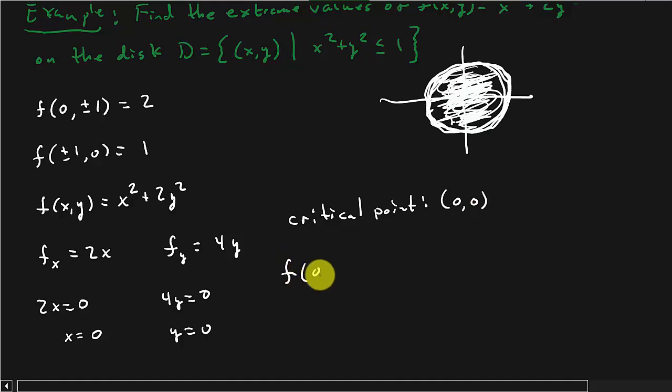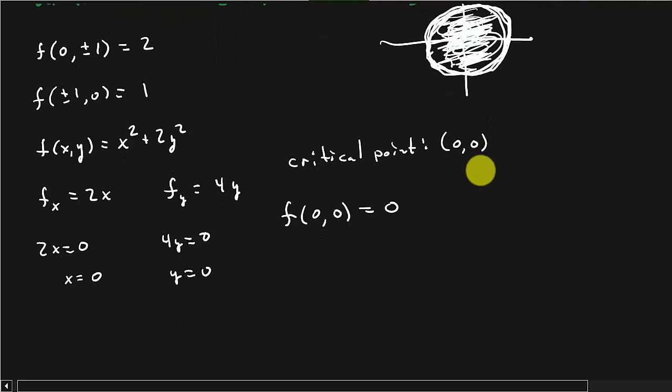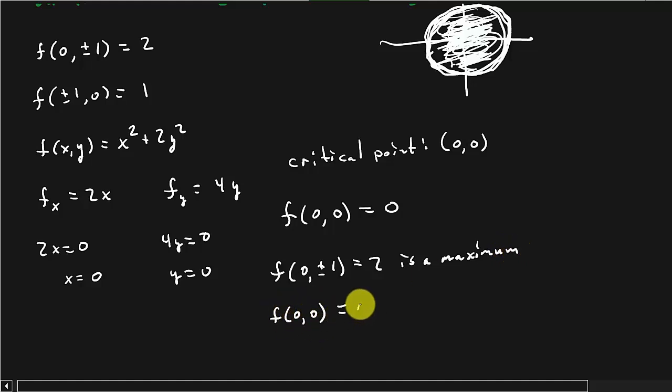Now let's evaluate f(0, 0). If I take (0, 0) and plug it in here, that's going to give me a 0. So now you can see that f(0, plus or minus 1) equals 2 is a maximum. And for this case, f(0, 0) equals 0 is a minimum.